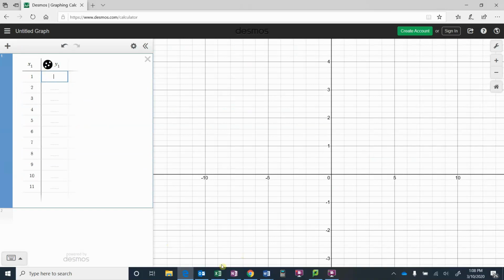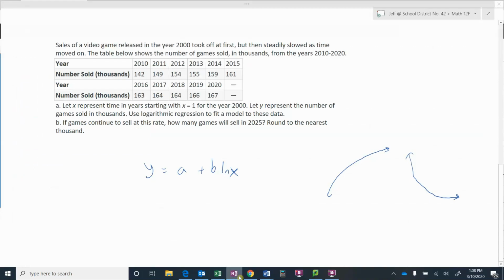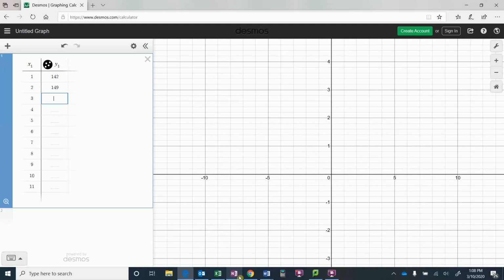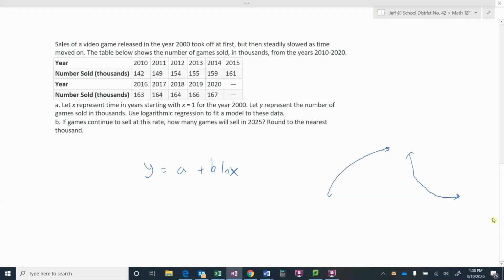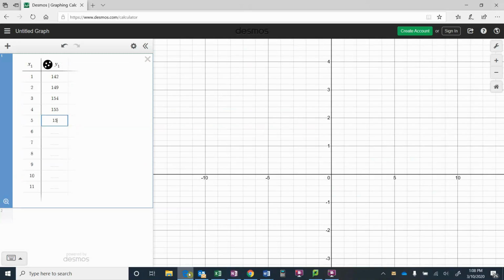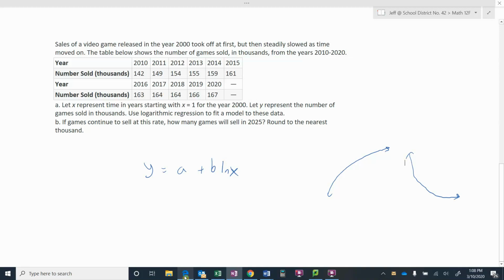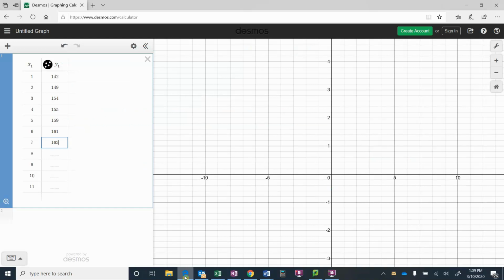And for the y values, there'll be a bit of flipping back and forth here. 142, 149, 154, 155, 159, 161, 163, 164, 166, 167.